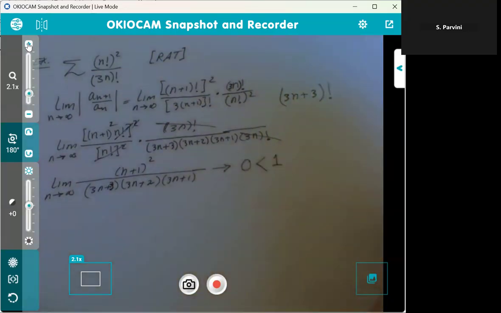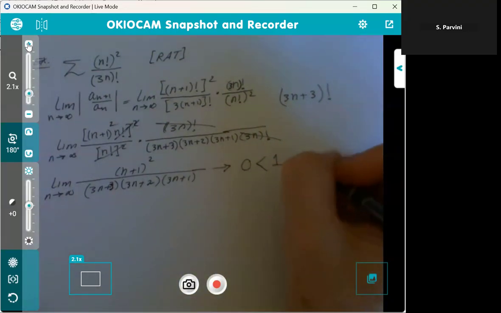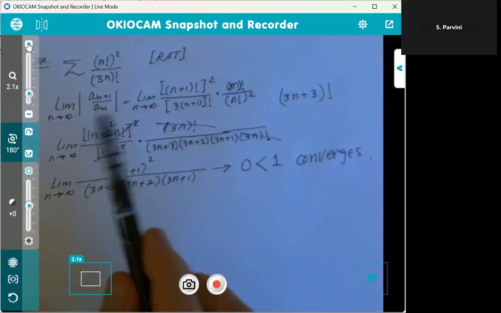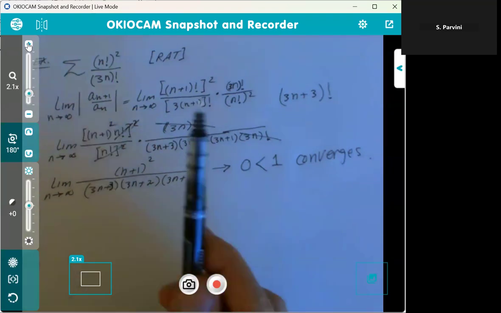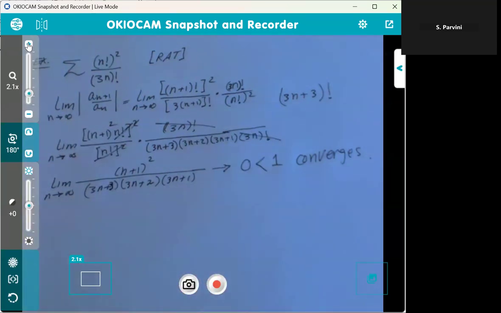And 0 is less than 1, so it converges. And it converges absolutely, right? So we went for absolute convergence, and so by the ratio test, the series converges. So that's a good thing, I suppose.